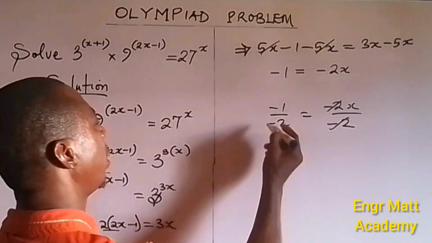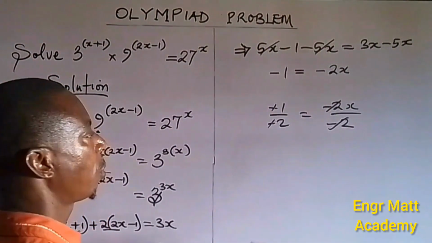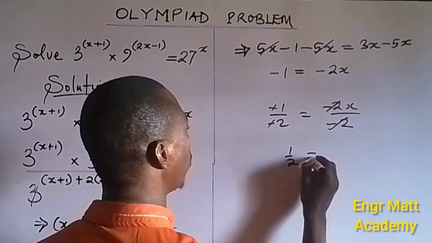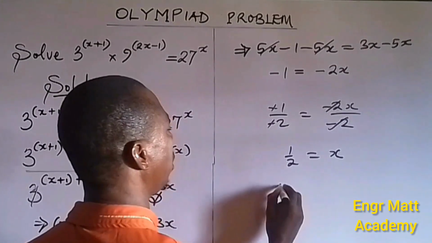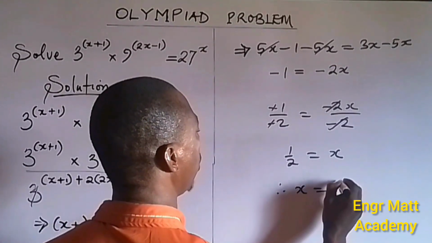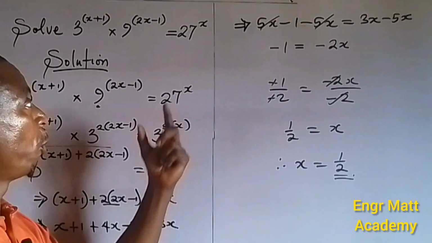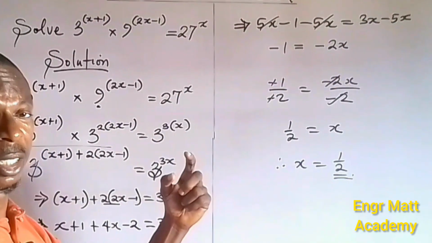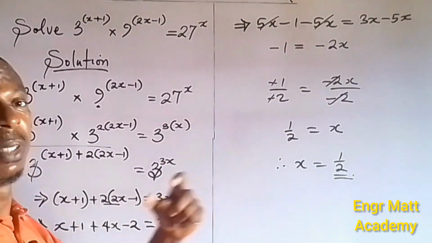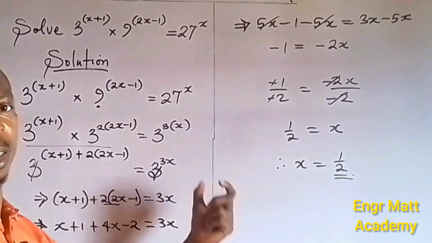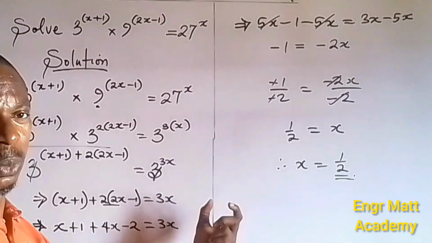What about here? The negative sign will cancel out, so we have half equal to x. Therefore, x equals 1 over 2. X is half. In this kind of Olympiad problem, first check the base numbers if they are related. If they are related, then you are good to go.